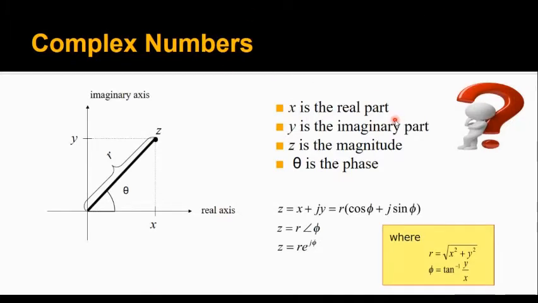Okay, if you go back to the revision of the complex number, the x-axis is for the real number, and the y-axis is for the imaginary number, and you have z as the magnitude, whereby you can find your magnitude over here using x squared plus y squared, and then you find the square root.